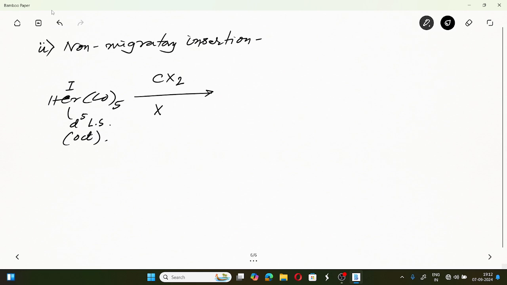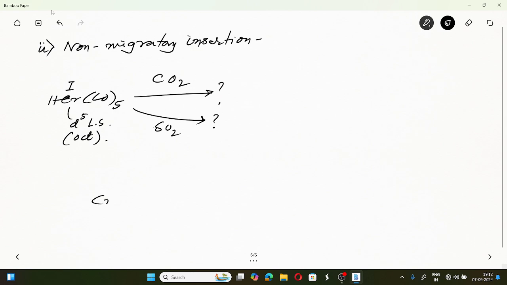Now X can be oxygen or sulfur. So let us consider two different cases. Let it be carbon dioxide when this is treated with carbon dioxide, and when this is treated with sulfur dioxide. So what should be the product?